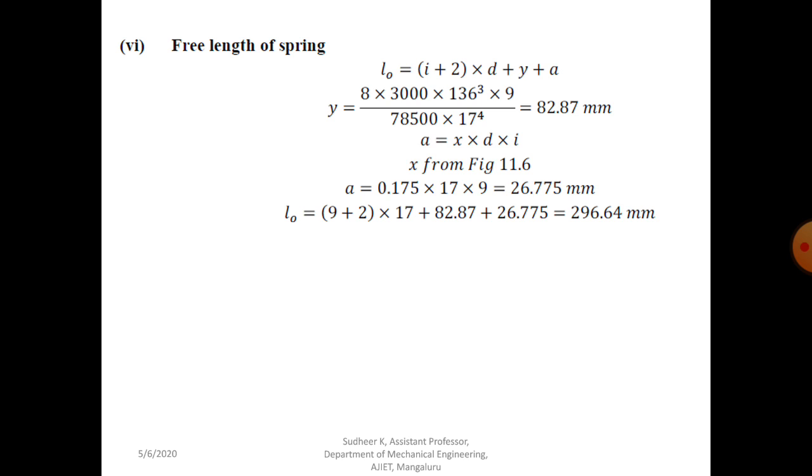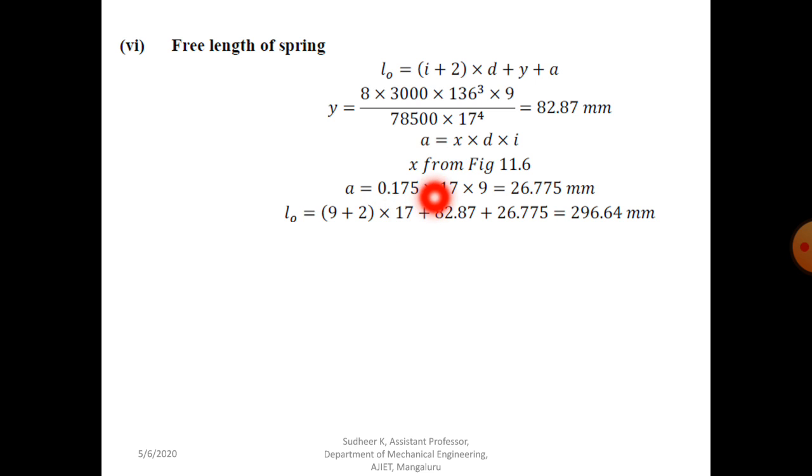The unit is millimeter, I is the number of active coils, and x is a constant. That constant is a function of spring index. Based on spring index, we have to refer to figure 11.6, so that you can calculate the value of x. Once you get x, you can substitute here, so that you will get a value.